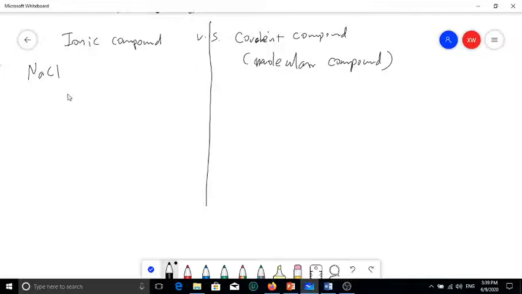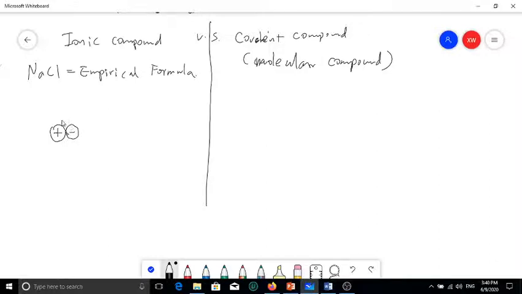Now, what I want to point out here is this NaCl is already the empirical formula. So it is the formula of the compound, which is also the empirical formula of the compound. The reason is, think about a positive charged particle representing the sodium cation, and another negative charged anion representing the chloride. What keeps them together is the attractive force between the cation and anion.